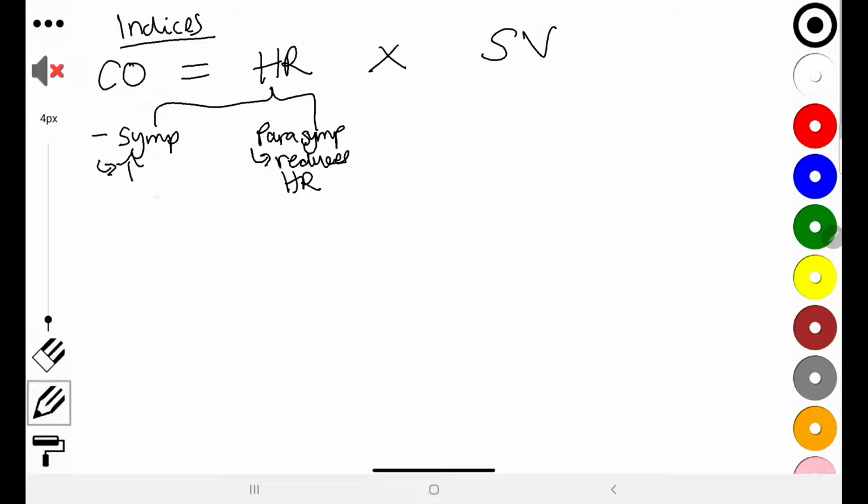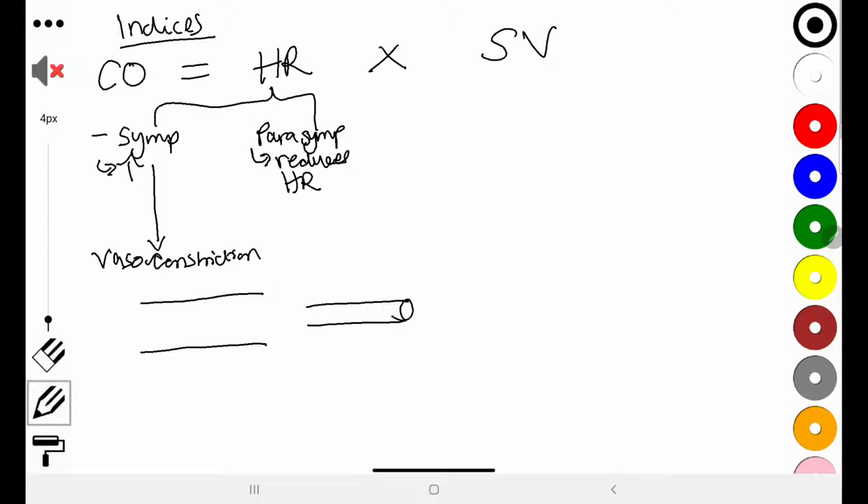The other thing that the sympathetic does is it causes vasoconstriction. Now, vasoconstriction is simply the reduction of the vascular diameter. So when it moves from this to that, you're going to have an increase in pressure. So when there's an increase in pressure, if you are talking about the venous side, let me just draw.